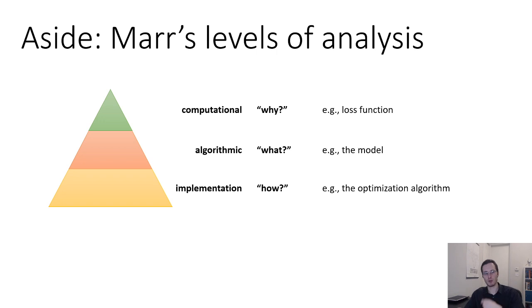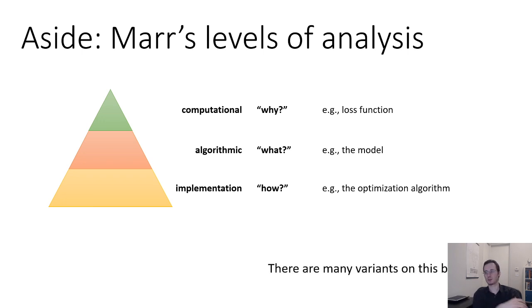And you don't have to worry about the loss function when you're designing the optimization algorithm. And you don't have to worry about the model when you're designing the loss function. Sort of separate out these concerns and solve each of the problems individually. Now, of course, in reality, things do tend to get a little bit coupled, but keeping this kind of separation in mind can help you structure your thinking when dealing with very complex machine learning systems.